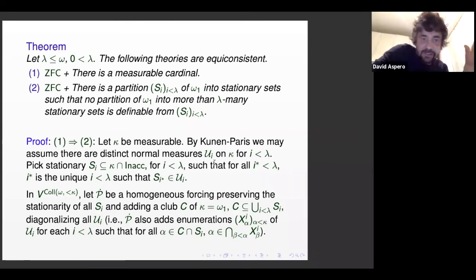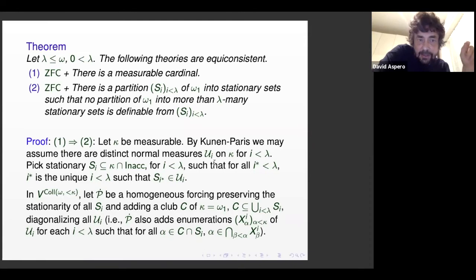So I can pick stationary sets S_i of kappa consisting of inaccessible cardinals, lambda many of them, such that for every index i*, i* is the unique i such that S_i* is in U_i. Okay, now I have these lambda many different stationary sets, each one of them in a unique measure.